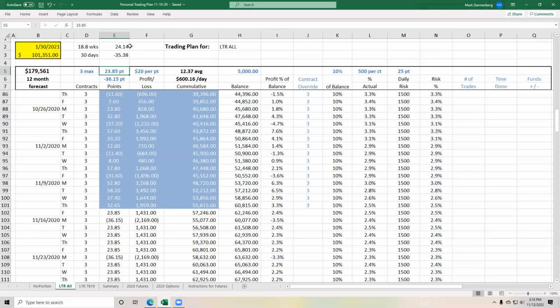So I'm going to translate now these numbers into our future forecast. So 24.14 is our winning day, and minus 35.38 is our losing day.